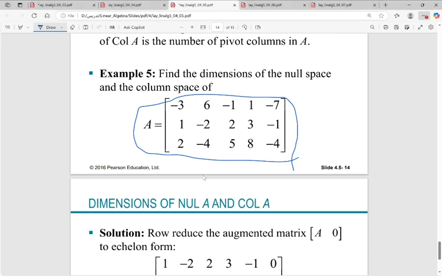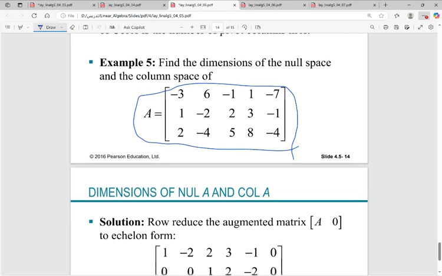Okay, so we have this matrix, and we want to find a basis for its column space. You know what a basis is, right? What is the definition of basis? So this is matrix A, the original matrix.